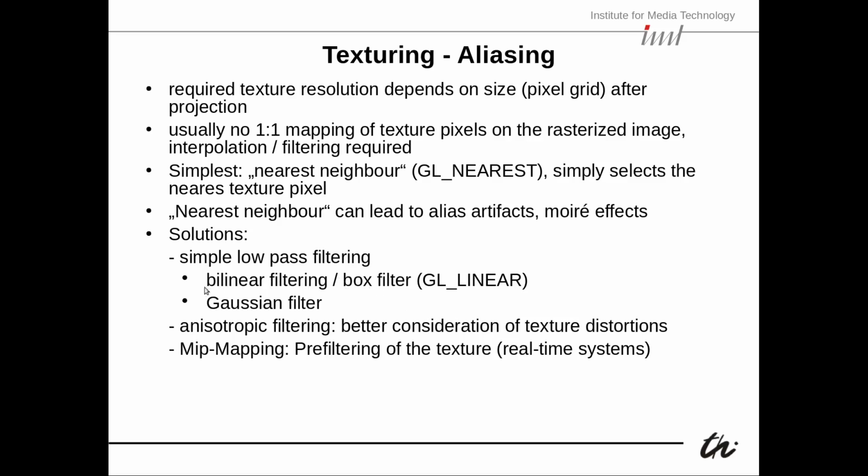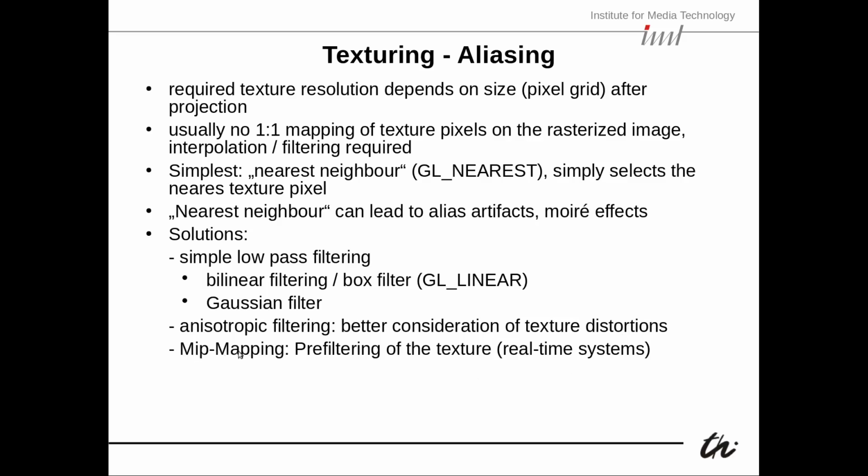Somewhat more sophisticated is a Gaussian filter. So this is where the filter kernel is not a box function, but a Gaussian function. Then we have anisotropic filtering. This takes better care of texture distortions, like if you have perspective projections, where pixels in a distance, or if you have a tilted surface, then those pixels don't look square anymore.